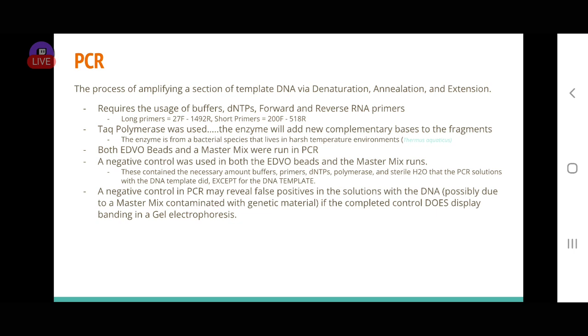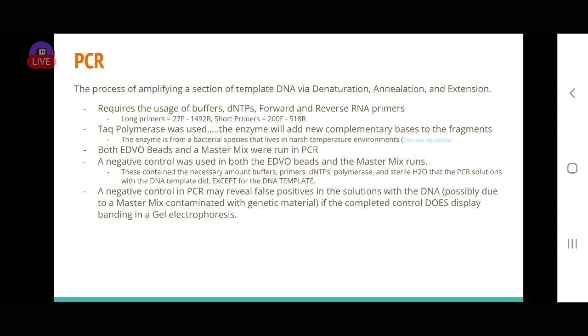We use the Taq polymerase because it's from a bacterial species, Thermus aquaticus, which is able to live in harsh temperature environments. This allows the enzyme to not be as susceptible to the high temperatures needed for that first step in PCR, which is denaturing the DNA or separating it using high temperature.